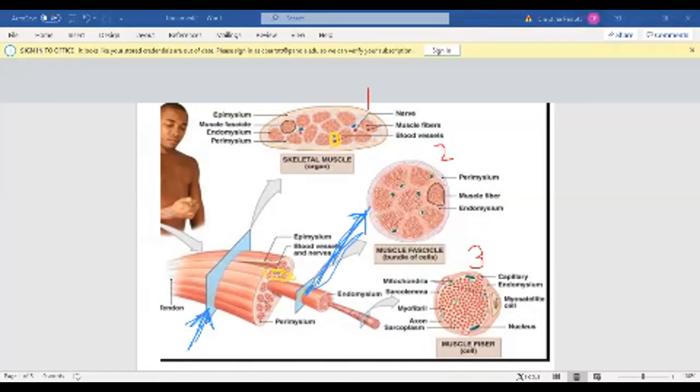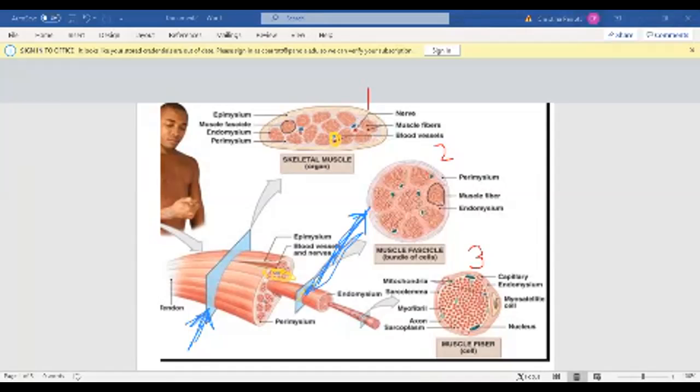In picture 2, it is showing one muscle fascicle, and around that muscle fascicle is the perimysium. Peri means around, and myo means muscle. So your perimysium is a connective tissue covering that goes all the way around a muscle fascicle. Okay.